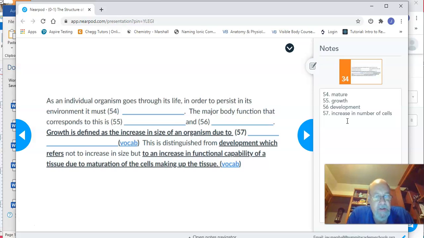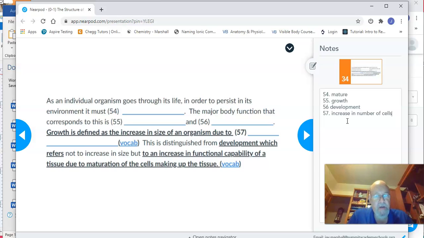This is distinguished from development, which is not an increase in size, but an increase in functional capability. Okay, I don't just have cells that kind of sit there and don't do much. I change the cell to something that contracts, or I change the cell to something that protects, or I change the cell to something that carries oxygen.